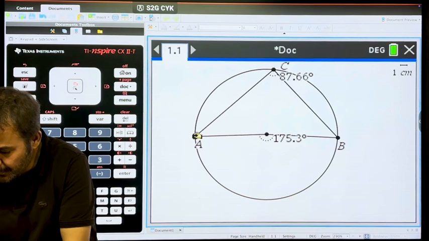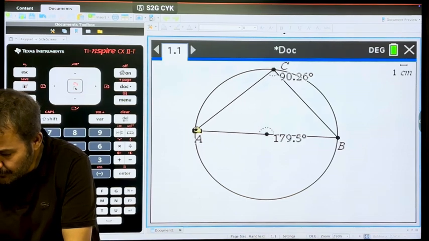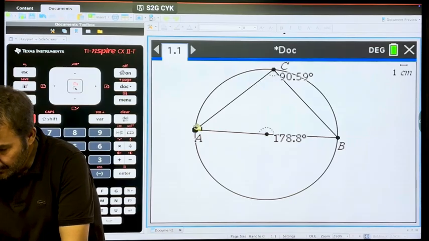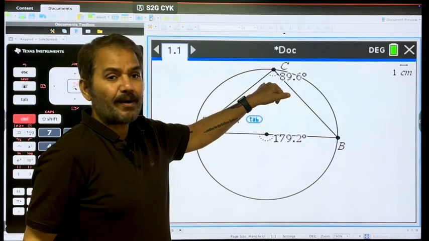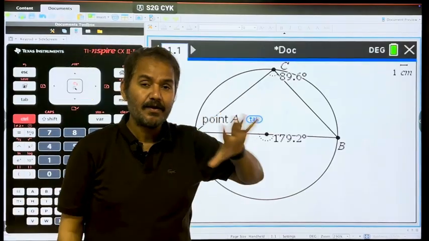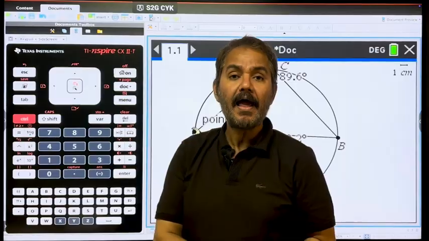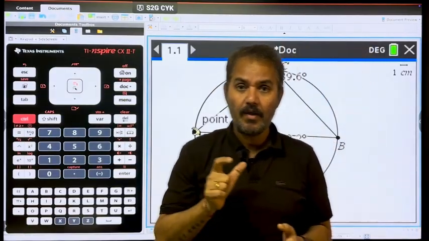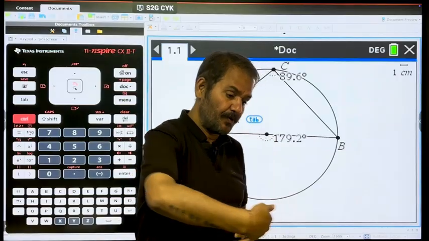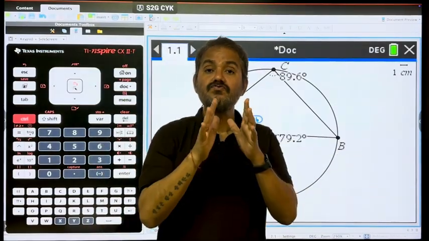If I slowly move it, what if it becomes 180 degrees? So if this angle is 180 degrees, obviously the upper angle will be 90 degrees. So this takes you to your next theorem, that angles made in a semicircle are always 90 degrees. You can see the theorem here.